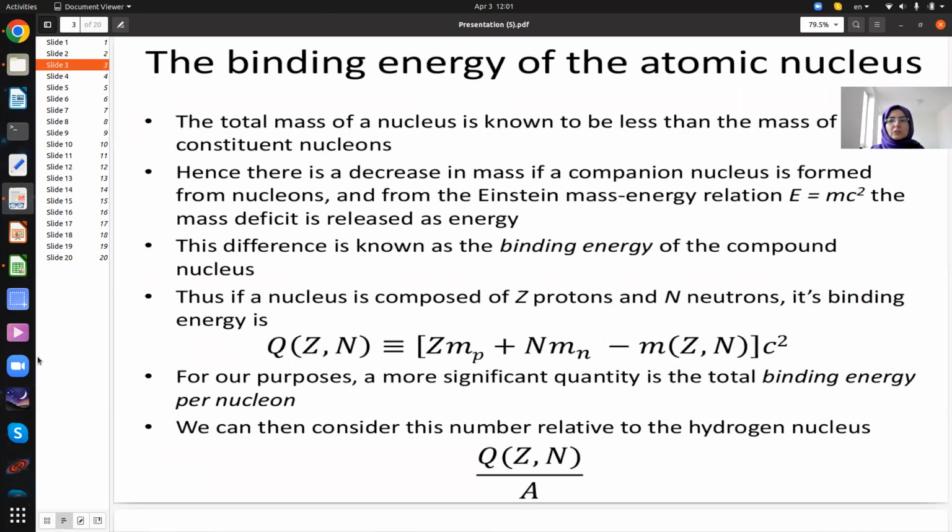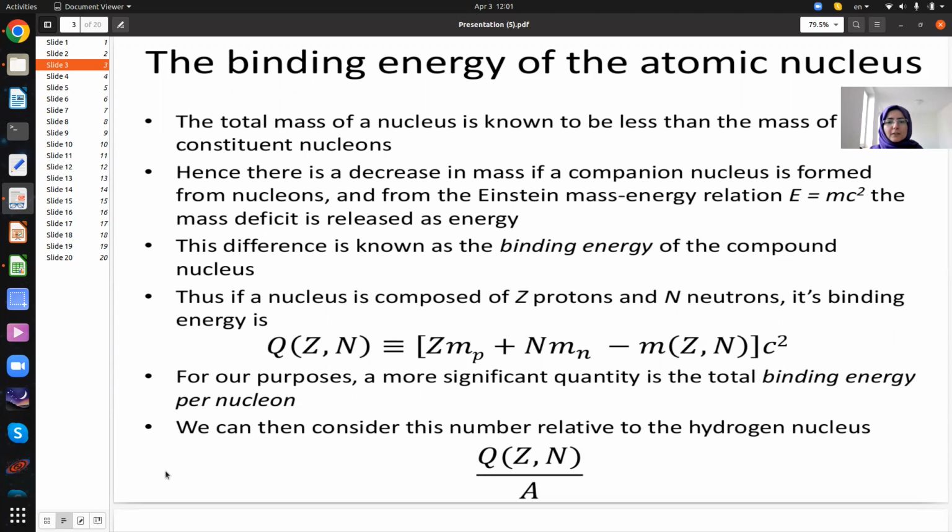The binding energy of the atomic nucleus. The total mass of a nucleus is known to be less than the mass of the constituent nucleons. Hence, there is a decrease in mass if a compound nucleus is formed from nucleons, and from the Einstein mass-energy relation E equals mc squared, the mass deficit is released as energy.